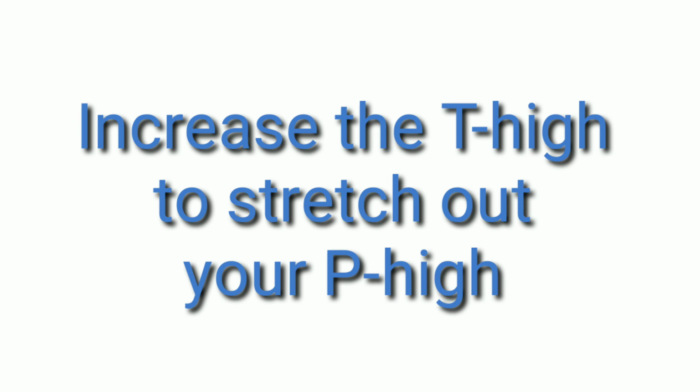So when dealing with the weaning phase of APRV, it's basically pretty simple. We want to get them breathing completely on CPAP. So what you're doing is you're gradually stretching out those P high times, causing them to breathe spontaneously at that level.